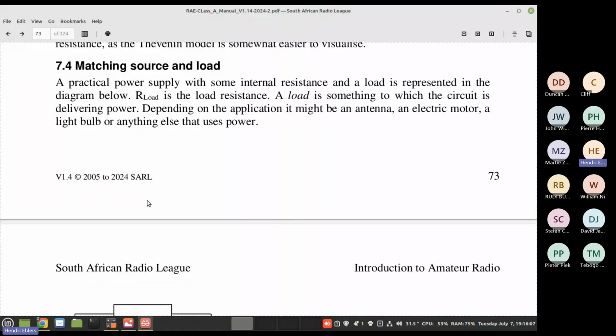But what you need to know is that the circuit is most efficient if the load is matched to the internal resistance.